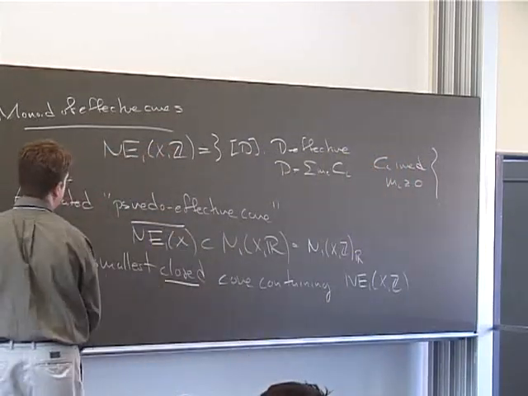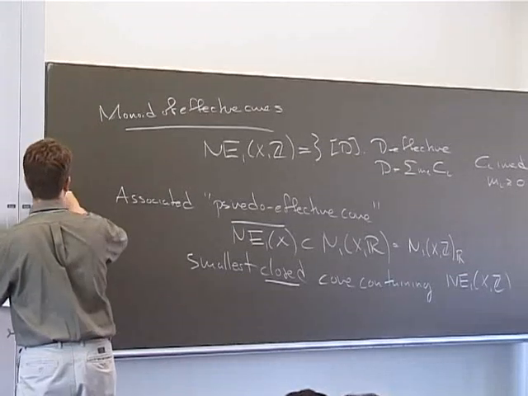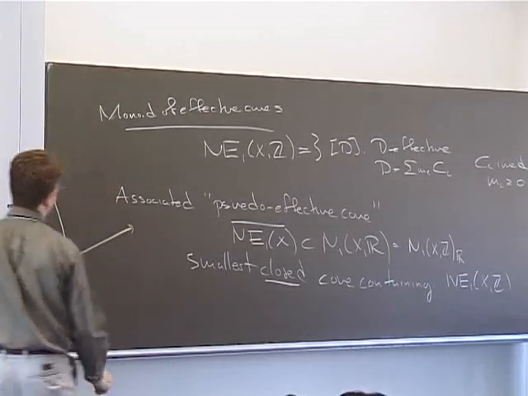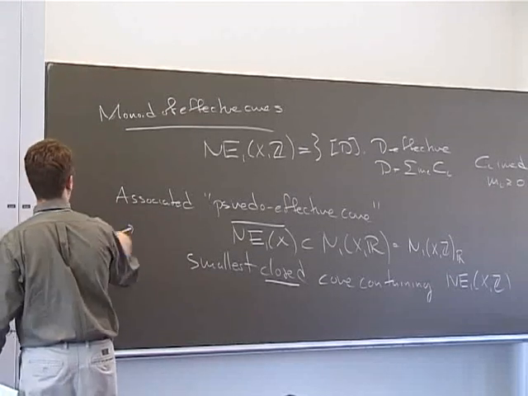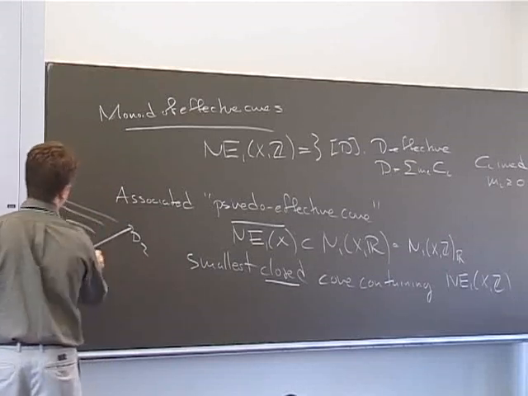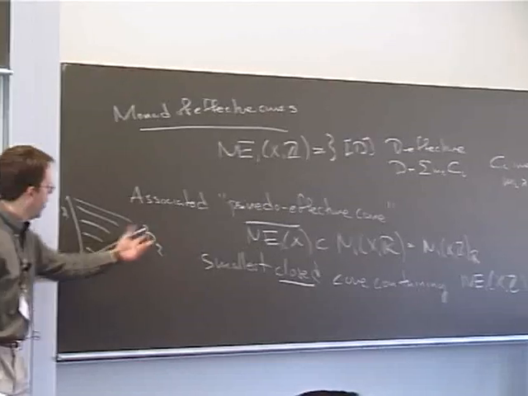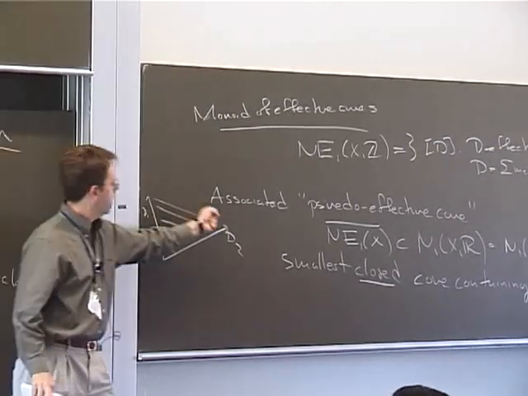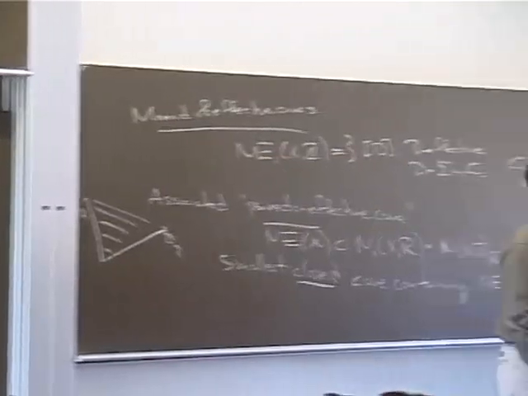So the picture is that if I have a monoid generated by two divisors, say D1 and D2, the cone is just the cone spanned by the corresponding generating elements.